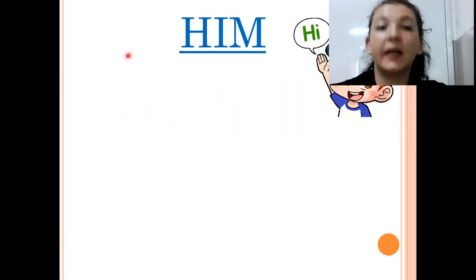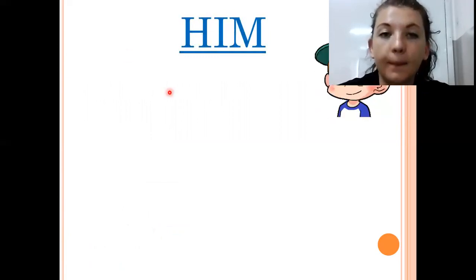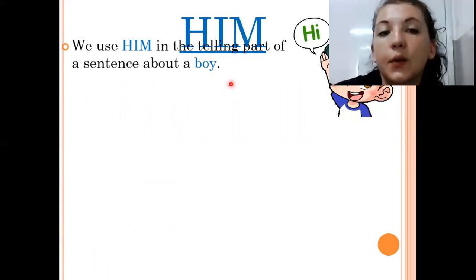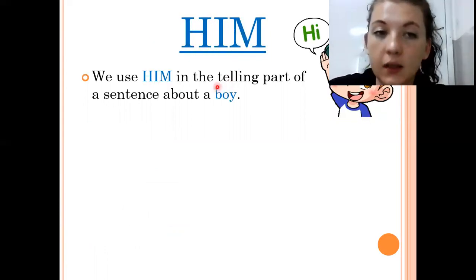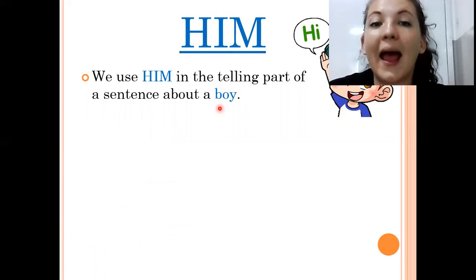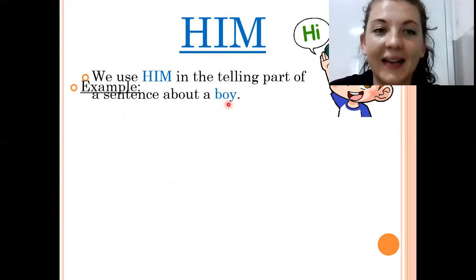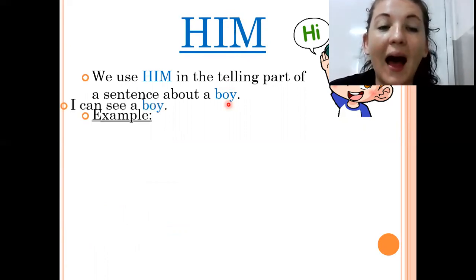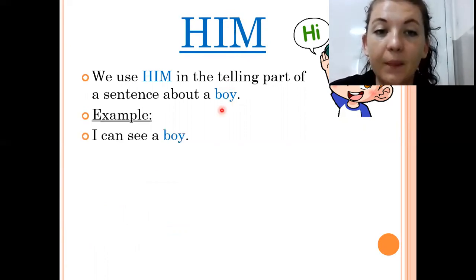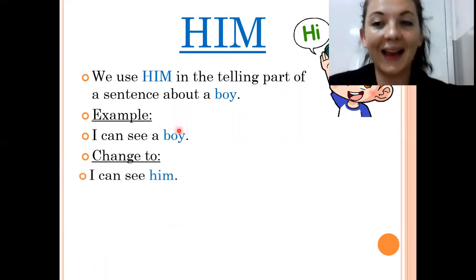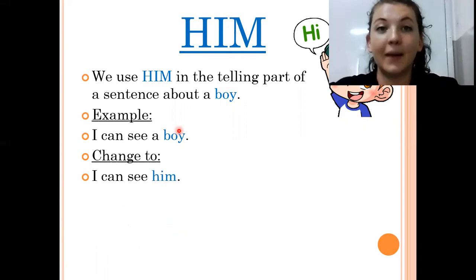Next, we have the word him. Him is used in the telling part of the sentence about a boy. Okay, let's look at an example. I can see a boy changes to I can see him.